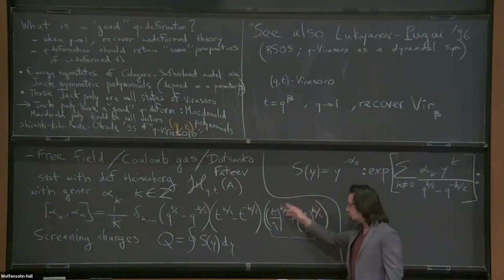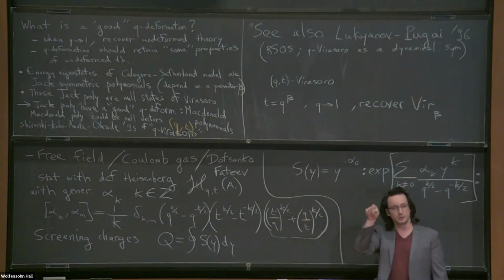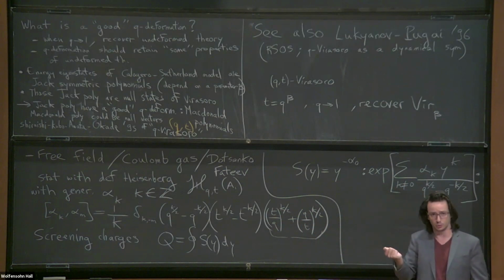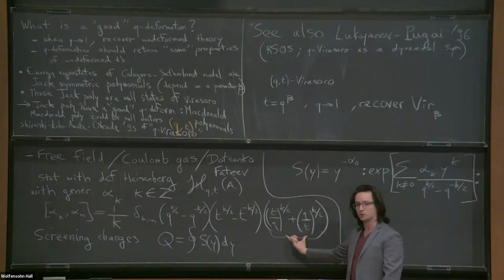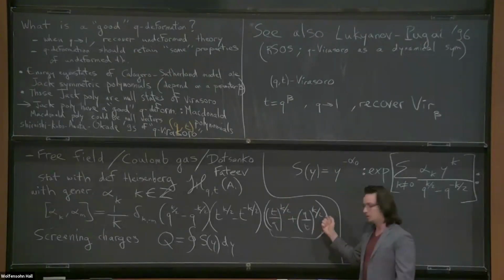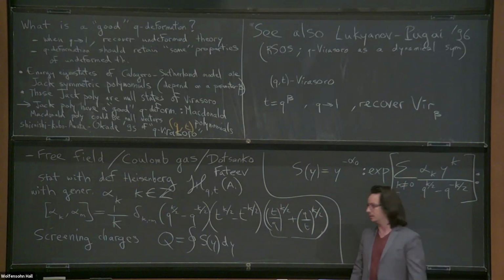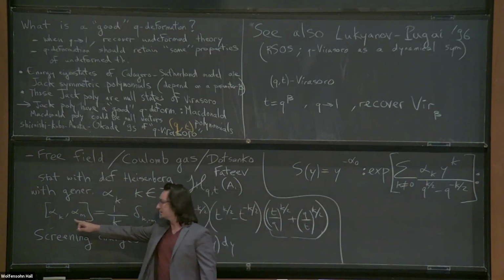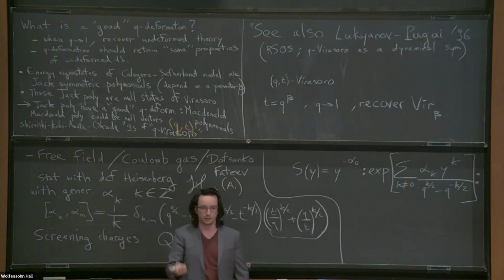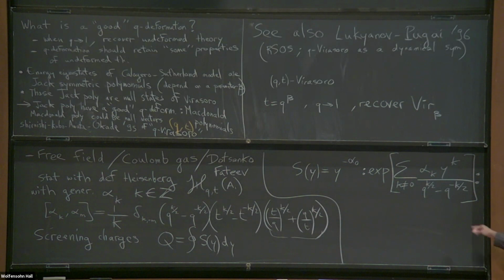You should think of it, when t equals q, as the factor 2, which is the entry of the Cartan matrix of SU2. If you replace this factor by the suitably deformed Cartan matrix of a simple Lie algebra, this generalizes to any simple Lie algebra, where you should think of these as root-type generators. This again mimics the usual Virasoro construction, where you construct screening currents using roots of the algebra.